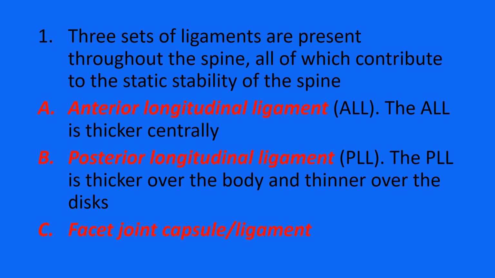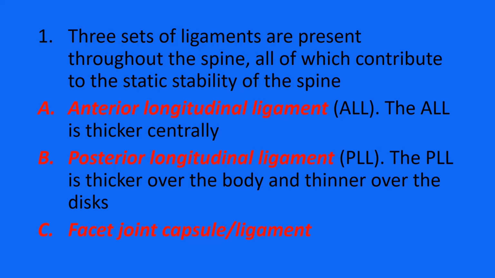It is the thickest ligament. We have the posterior longitudinal ligament. It is thicker over the central body posteriorly, but at the periphery it is thin. That is why when you have a disc rupture, it comes out posterolaterally.